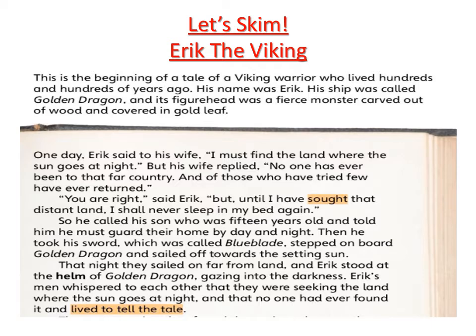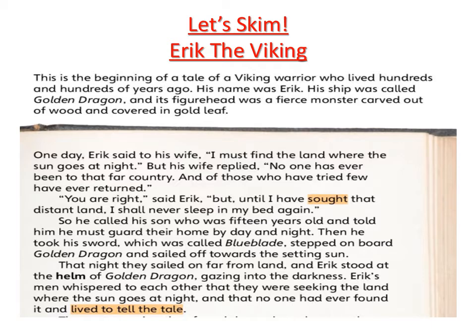So we won't read the whole text and scan it bit by bit. No, we will just skim it. How will we skim it? We'll have a quick look at the text to search for the following. What genre is it? Is it fictional or non-fictional? Is it a narrative? Does it narrate a story? Then you'll start skimming the text for the settings.